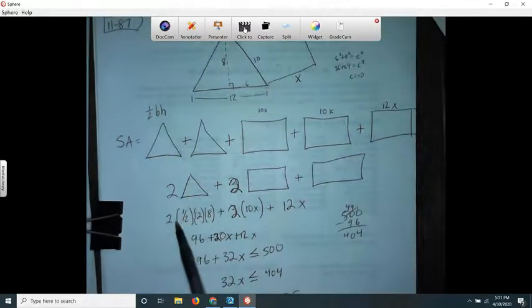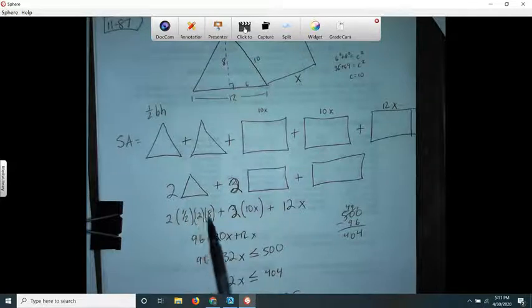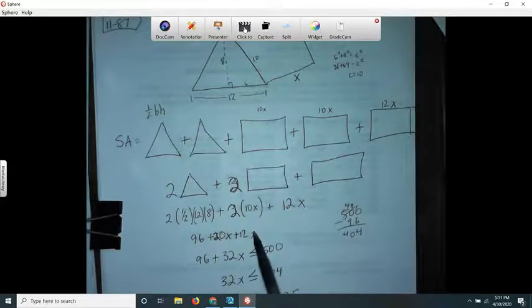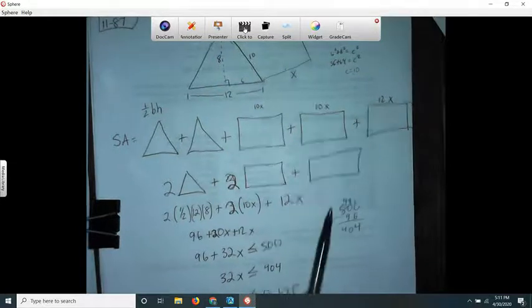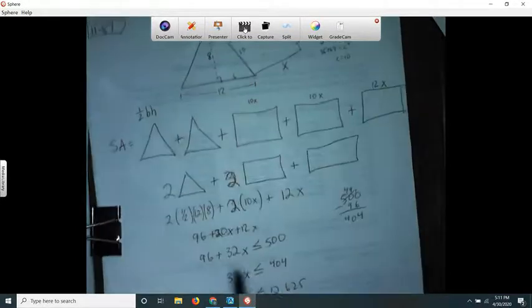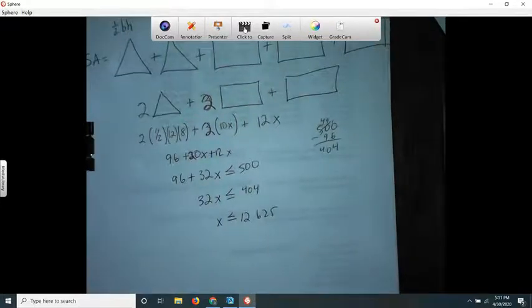So 2 times 1/2 times base times height ended up being 96. And then 2 times 10x is 20x, plus 12x for the floor. So those added up to make 32x. And all that material has to be less than 500. So I subtracted 96 from both sides, and I divided both sides by 32. And I got that x had to be less than 12 and some decimal number.